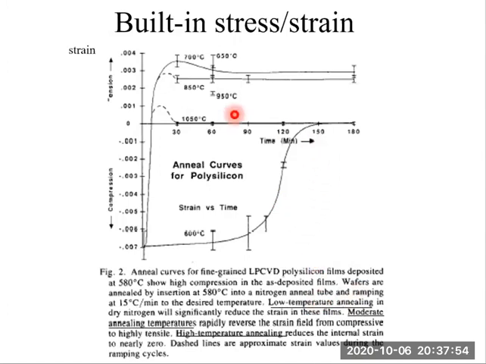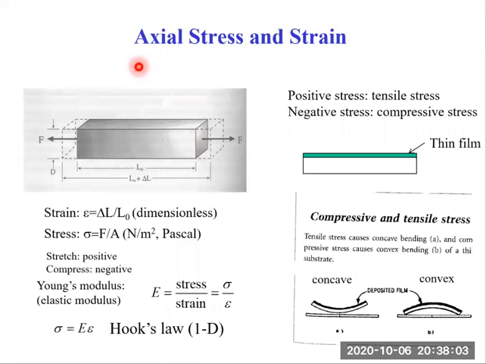Built-in stress and strain of polysilicon. Before we discuss this slide, let me give you a brief introduction of mechanical stress and strain. I know most of you are electrical engineering students, so let me give you a brief introduction of stress and strain. Let's consider the beam shown in this figure.